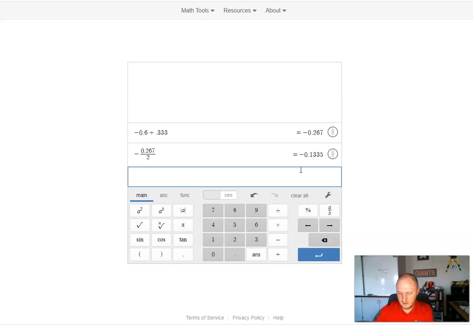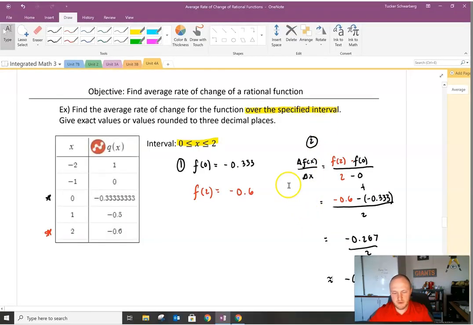So we get negative 0.134 if we're going to the nearest third decimal place.